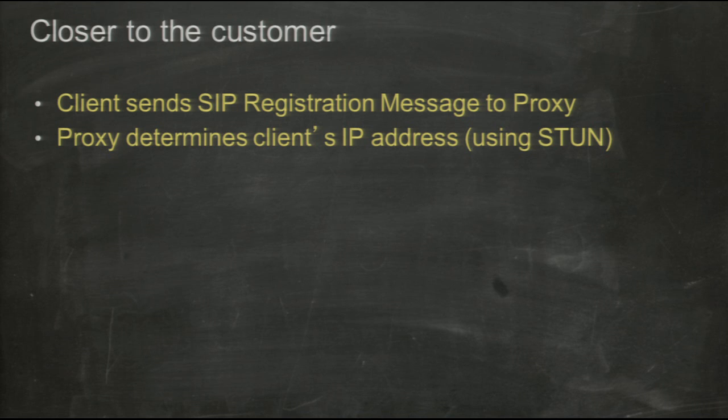When a client is located behind a NAT or double NAT, the IP address that the proxy will see is the internal IP address, which obviously is not what we are looking for. Therefore, the client will first go to a STUN server, retrieve the real IP address, and send that to the proxy along with the internal IP address as well.